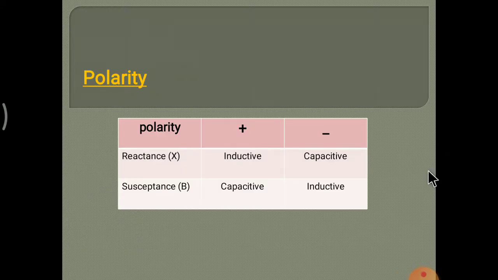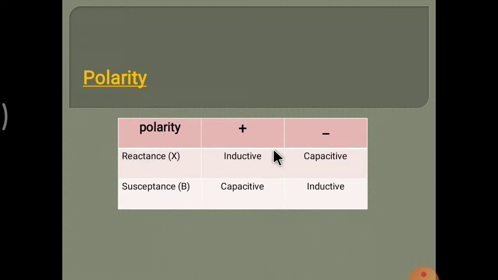This is the polarity. We know there is reactance. If positive reactance, we call it inductive reactance. If there is a negative sign for reactance, there is capacitive reactance. But in the case of susceptance, the polarity is exactly opposite to reactance.